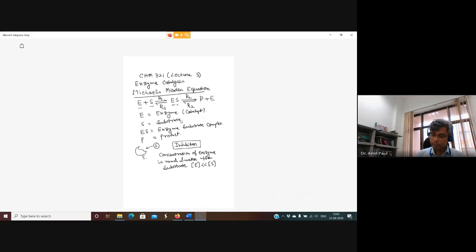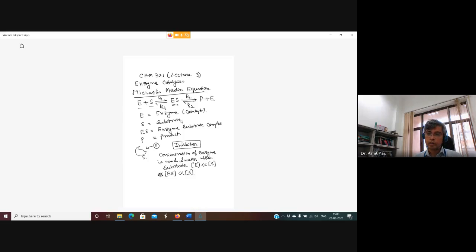Okay, and if that happens, then I can also write that ES will be much less compared to the substrate concentration.